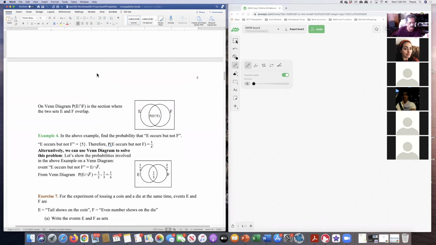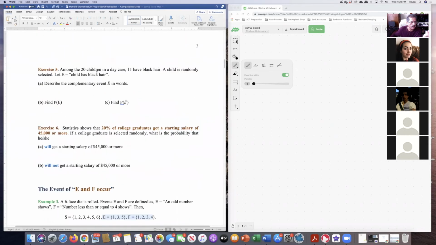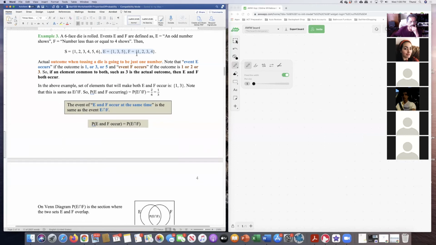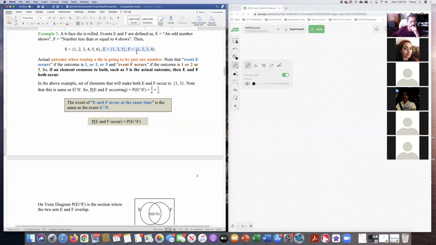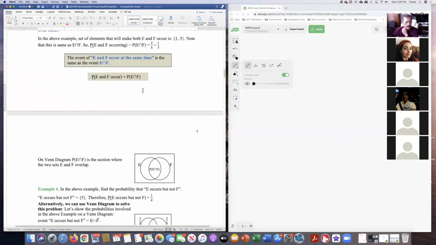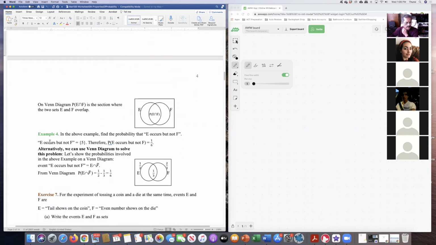Event E is 1, 3, 5, an odd number occurs. F is a number less than 5 occurs, so 1, 2, 3, 4. And so E occurring but not F is the same as just 5 occurring.